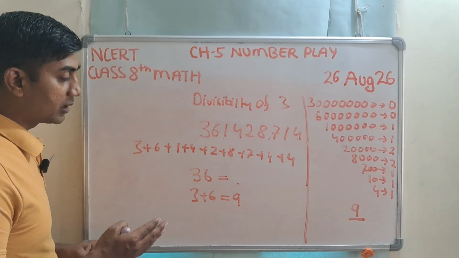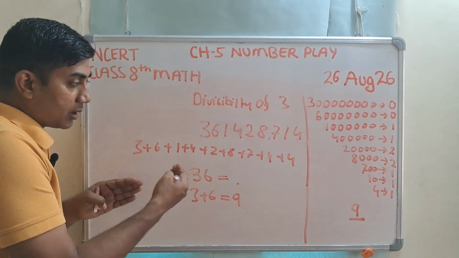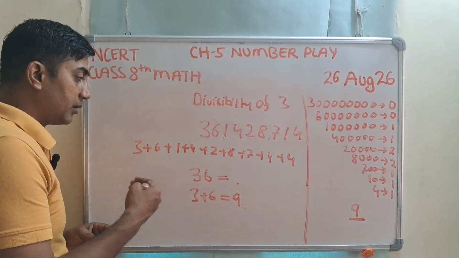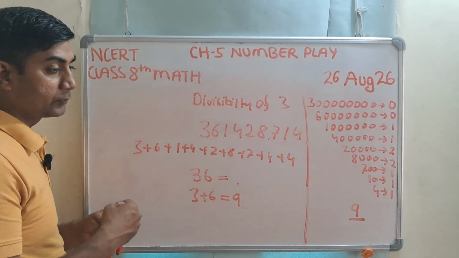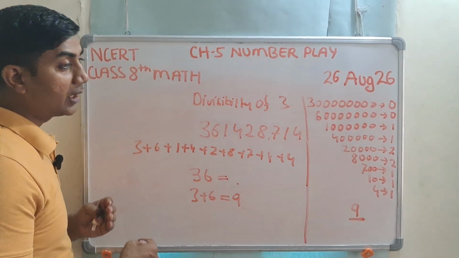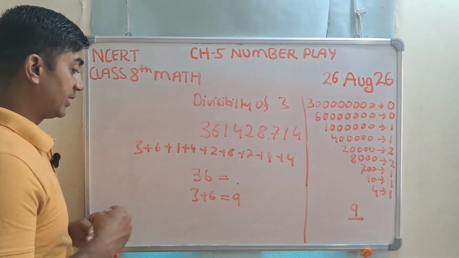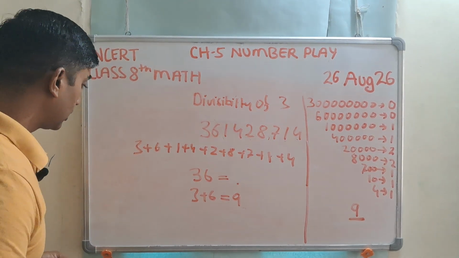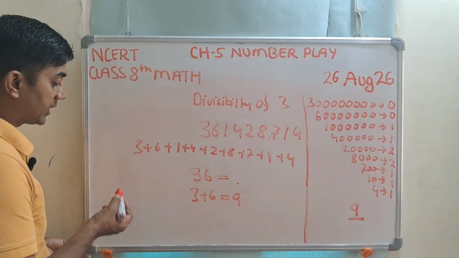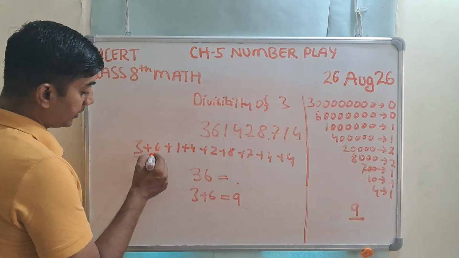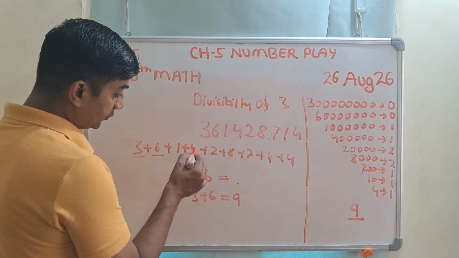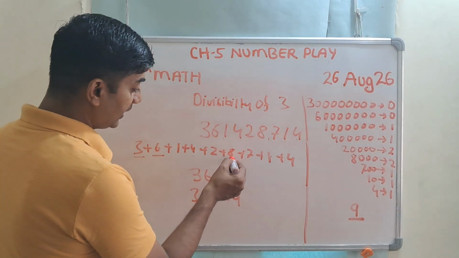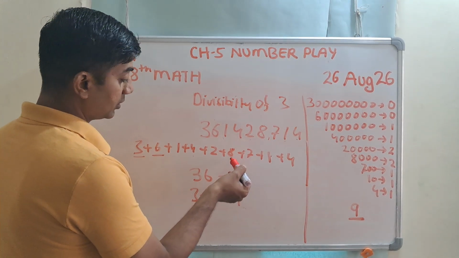Now what you have done in this case, you have included the numbers divisible by 3 also with the remainders, understood? Like that you have included the 3 also, you have included the 6 also, and in this 4, which is 3 plus 1, you have included. In this 8 you have included 6 plus 2.